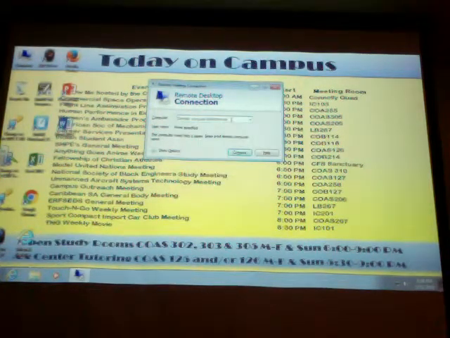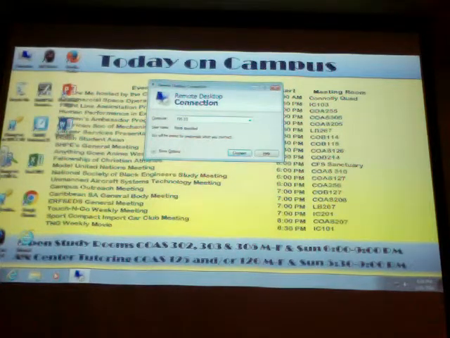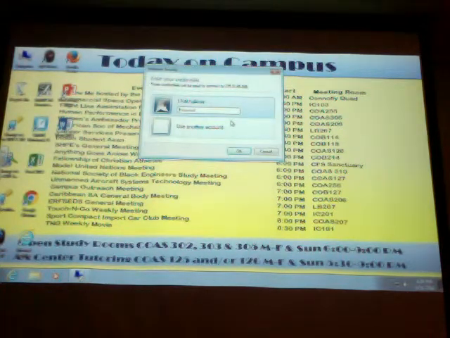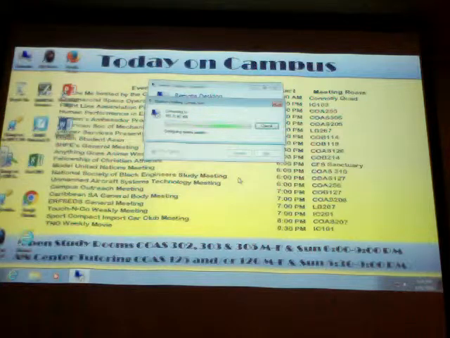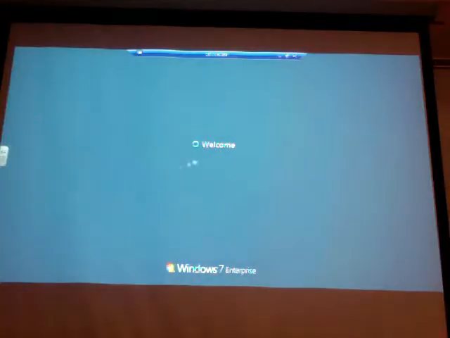It's not ready. Okay. Just to install MathCAD on this computer.